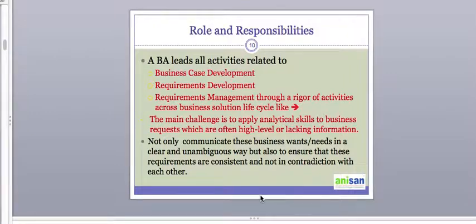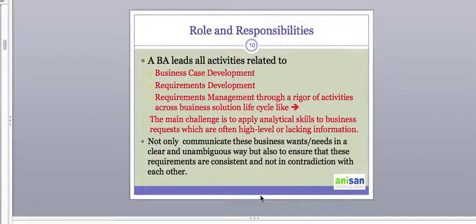Here we have some of the specific roles, which are basically activities. The BA leads all activities related to the business case that we talked about, the rationale for the solution development, and requirement development, that's basically elicitation, documenting the requirement, confirming the requirement, and so on.